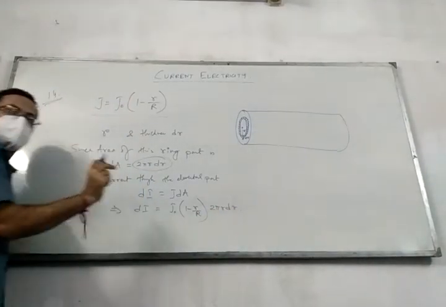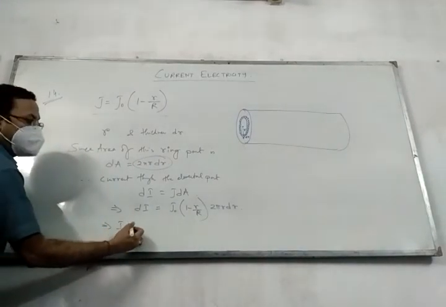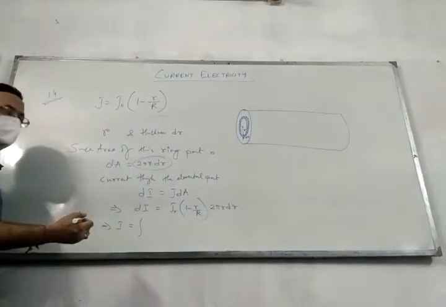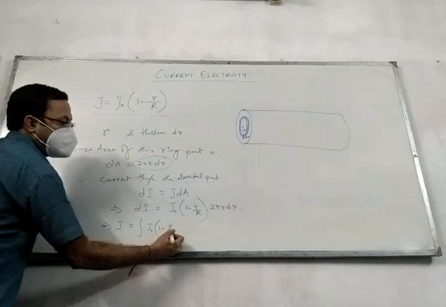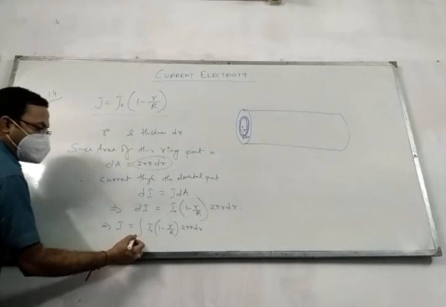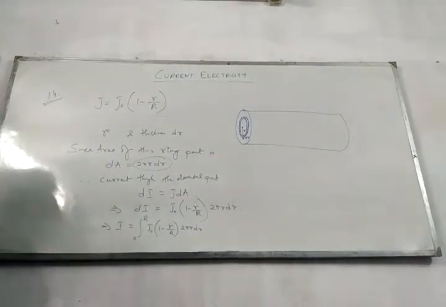So how do you find out the total current? This is the small amount of current. The total current is the integration of this. So I is equal to the integration of this expression, J naught into 1 minus r by capital R, 2 pi r dr, from where to where? 0 to capital R, center to periphery. Yes?